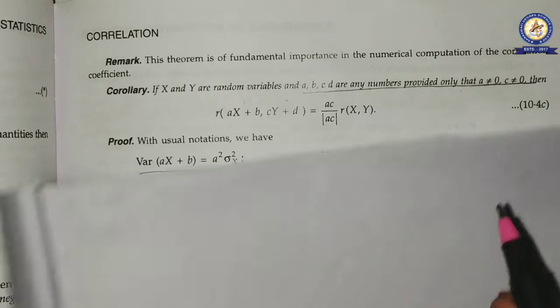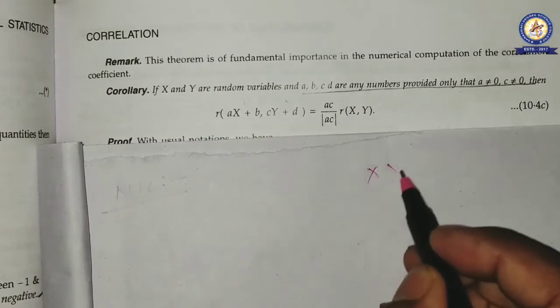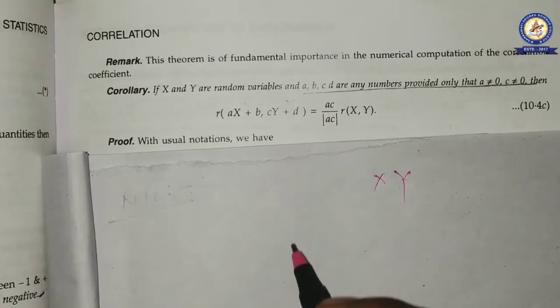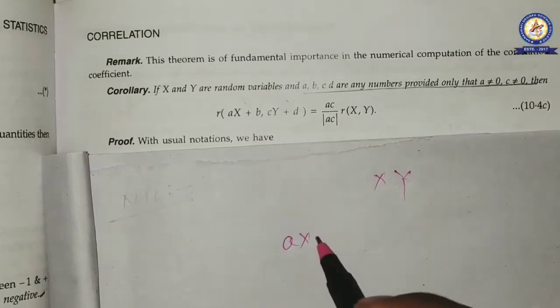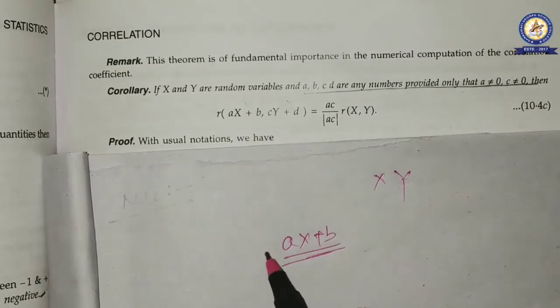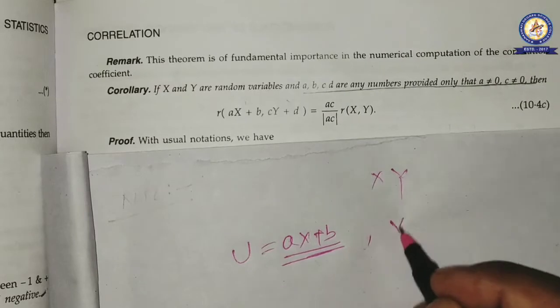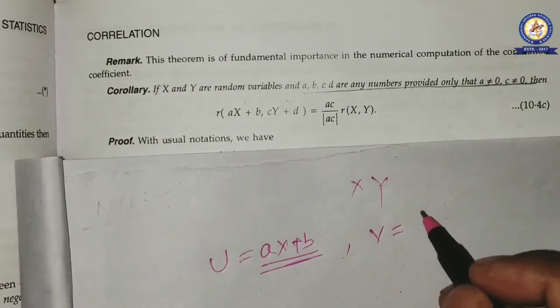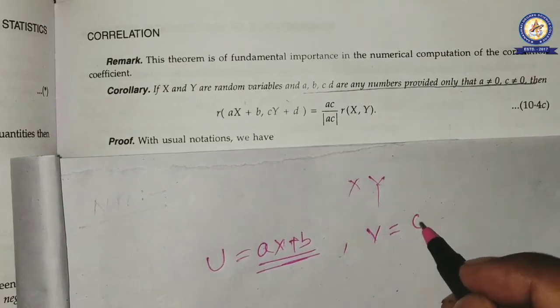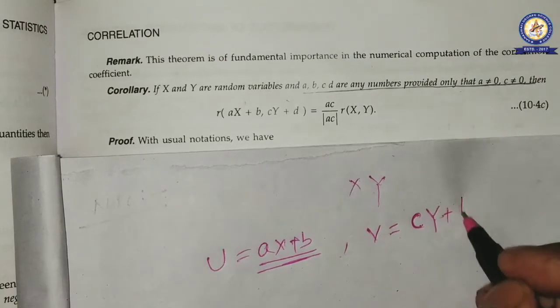Here you can see that initially x and y are the two random variables. Here ax plus b is another random variable, suppose u, and v is another random variable, considered as cy plus d.